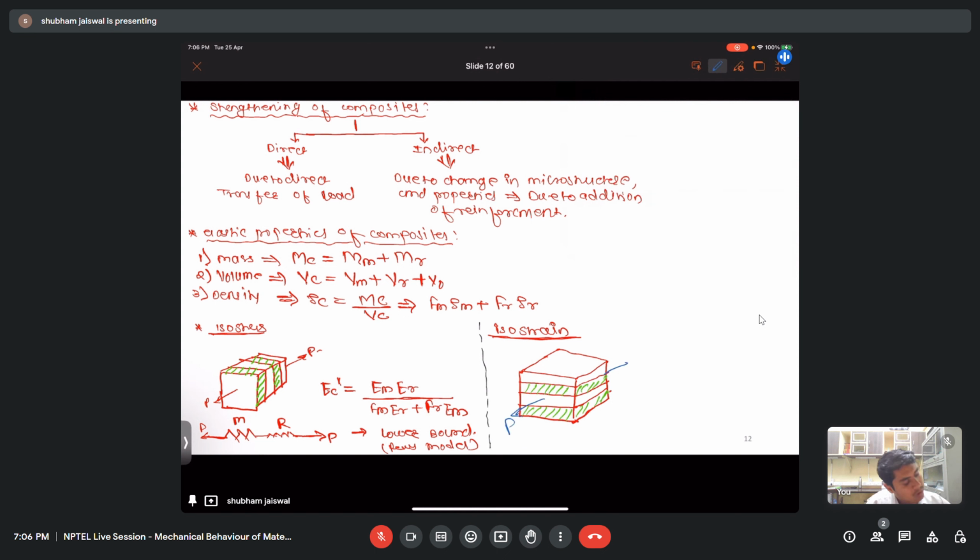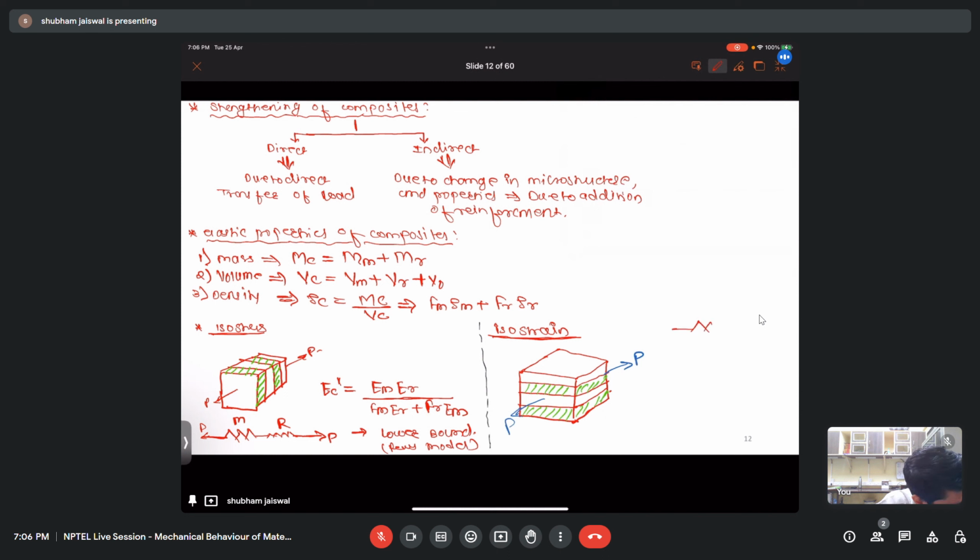In this case the stress is not uniform, but the strain in each laminate is uniform. So if I draw the spring model, it will be something like this.